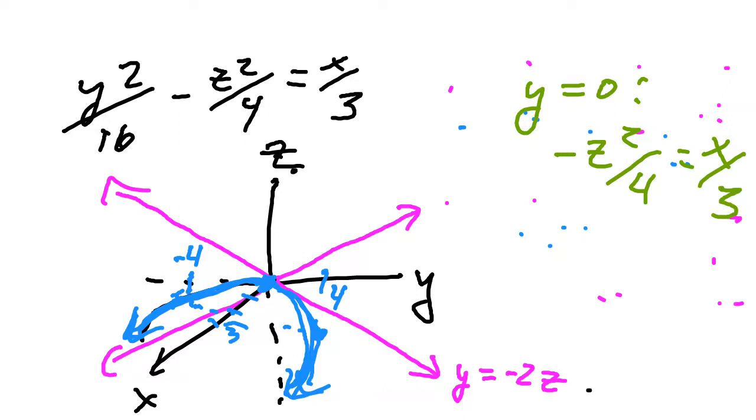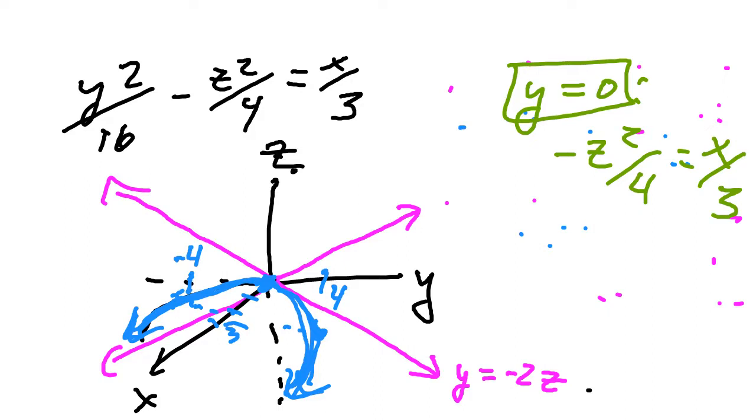Trying to see what the easiest way to do this one is. So this is a parabola that opens down, right?